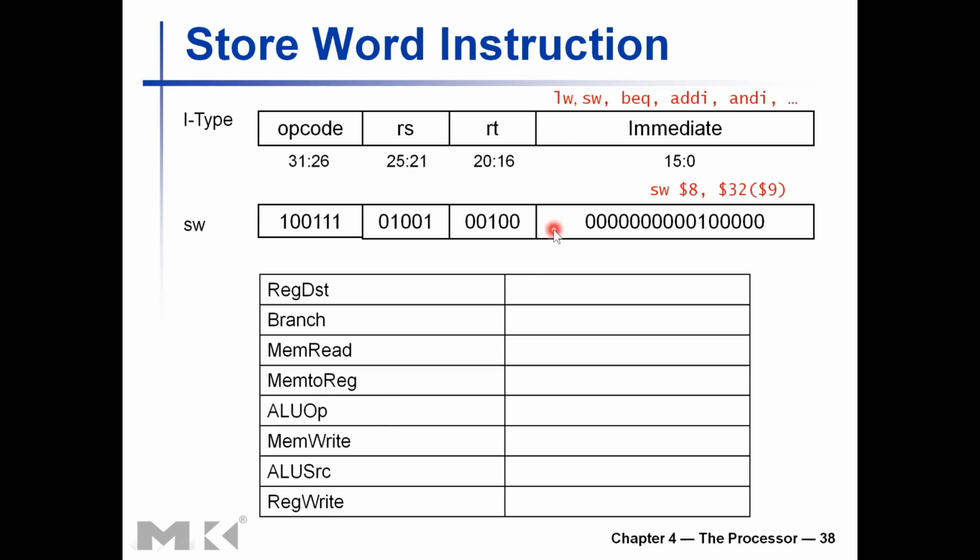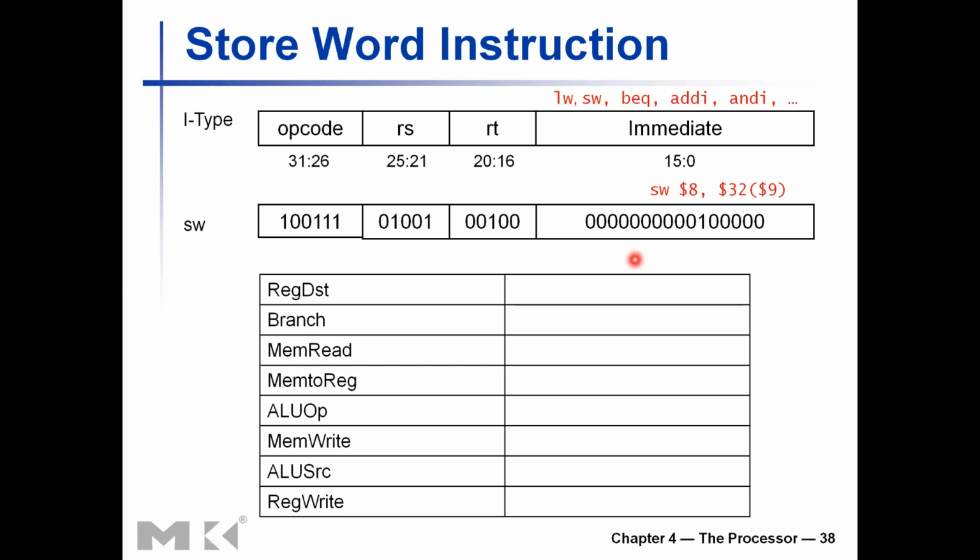In a store word instruction, what we do is compute a memory address based on this base register and the immediate offset. Take the value given in the source register and store it in that memory location pointed to by the computed address.